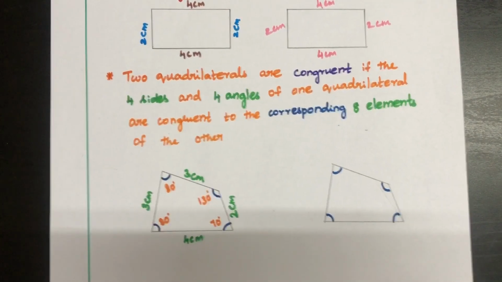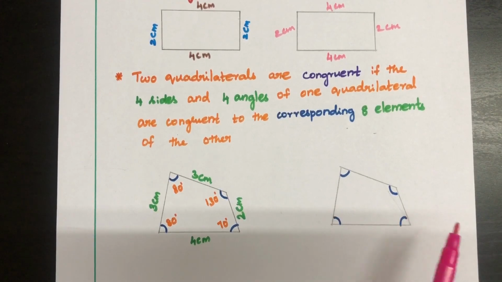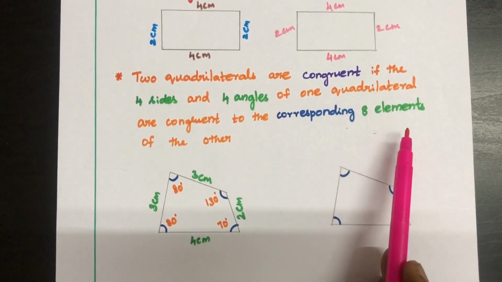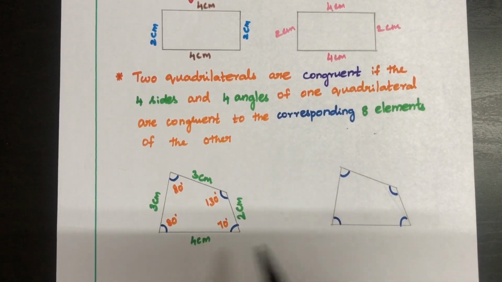Two quadrilaterals are congruent. Quadrilateral means four-sided shape. Two quadrilaterals are congruent if four sides and four angles of one quadrilateral are congruent to the corresponding 8 elements of the other. 8 elements means 1, 2, 3, 4 sides, and another 1, 2, 3, 4 angles. So totally 8 elements.